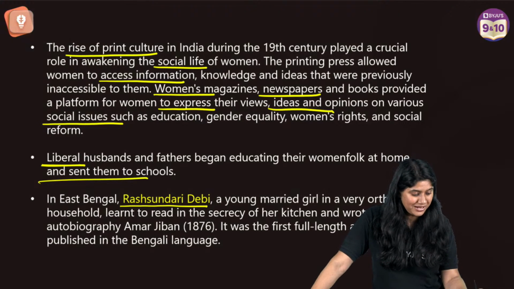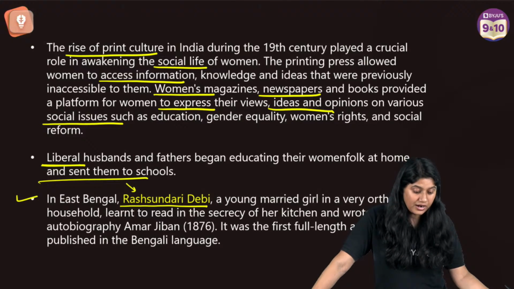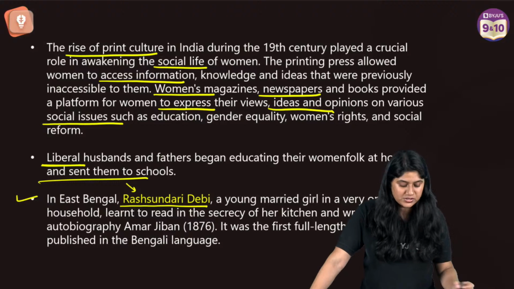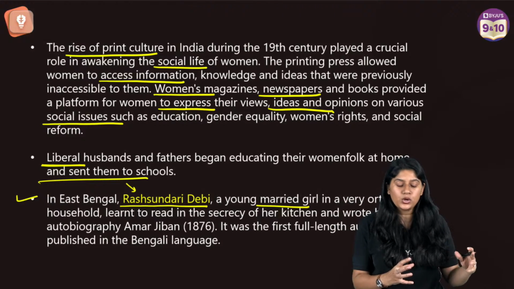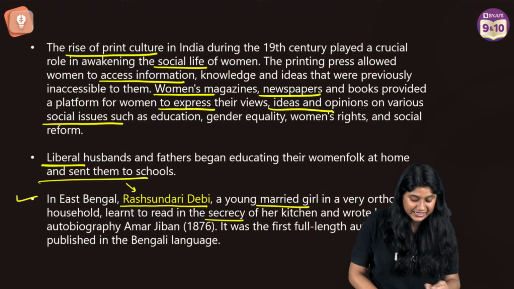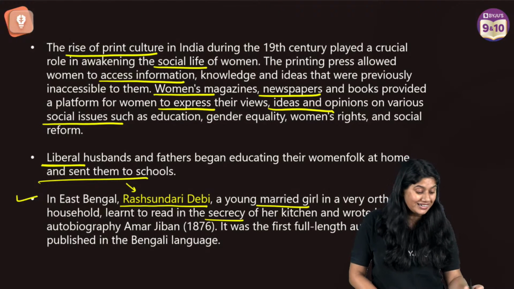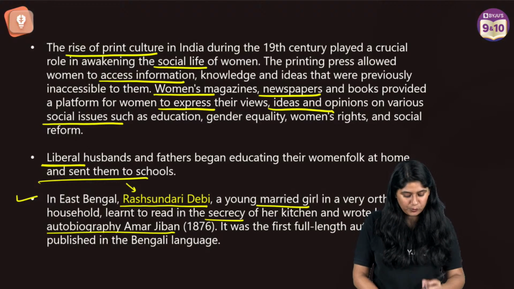We can mention a few examples. Sundari Devi was an unmarried woman in a very orthodox household. She used to study secretly in her kitchen, and later she wrote her autobiography.